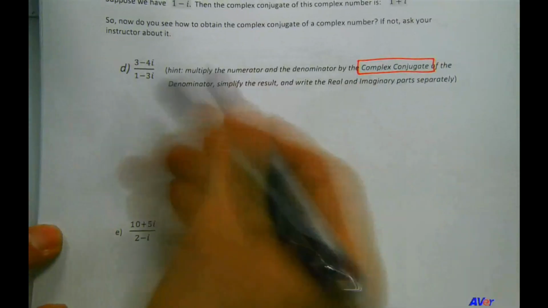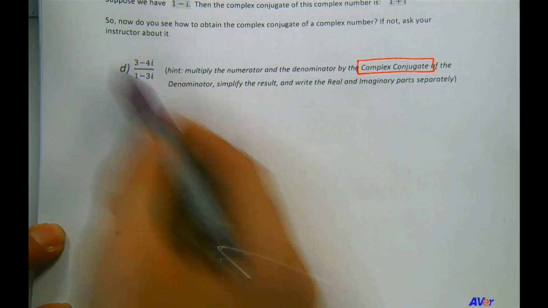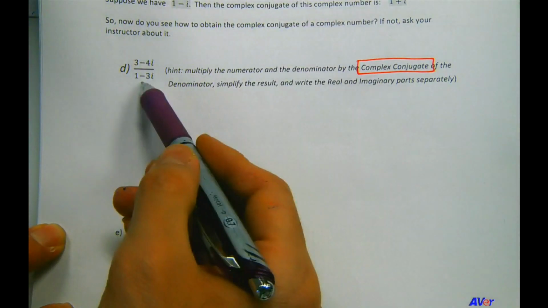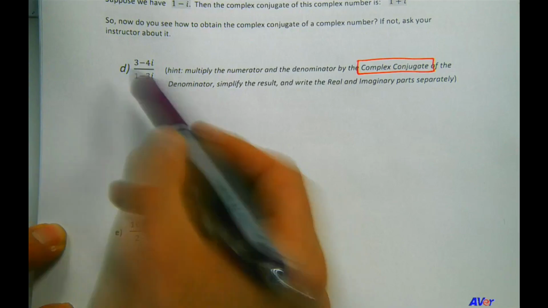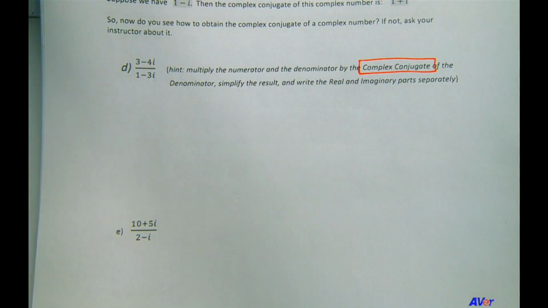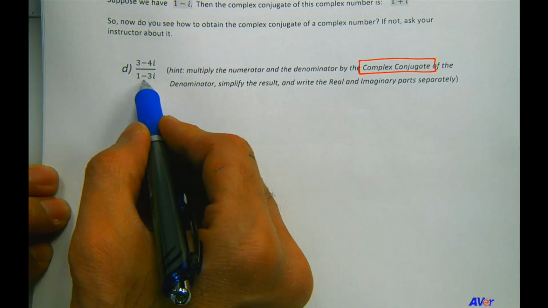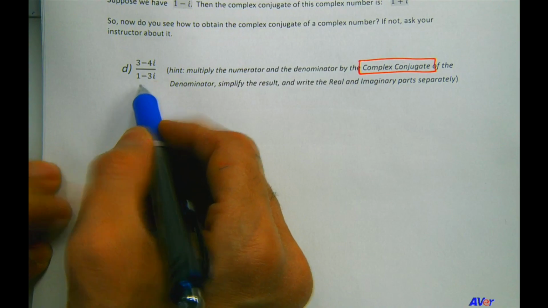Okay, so now here, one of the exercises, we want to rationalize the denominator of this complex fraction so that we do not have any complex numbers like that. So the complex conjugate of the denominator here is 1 plus 3i, right?